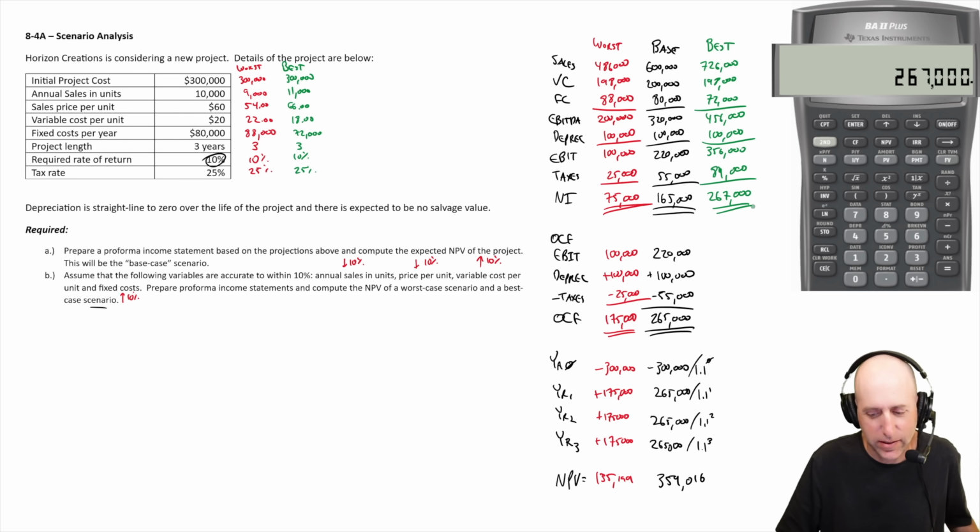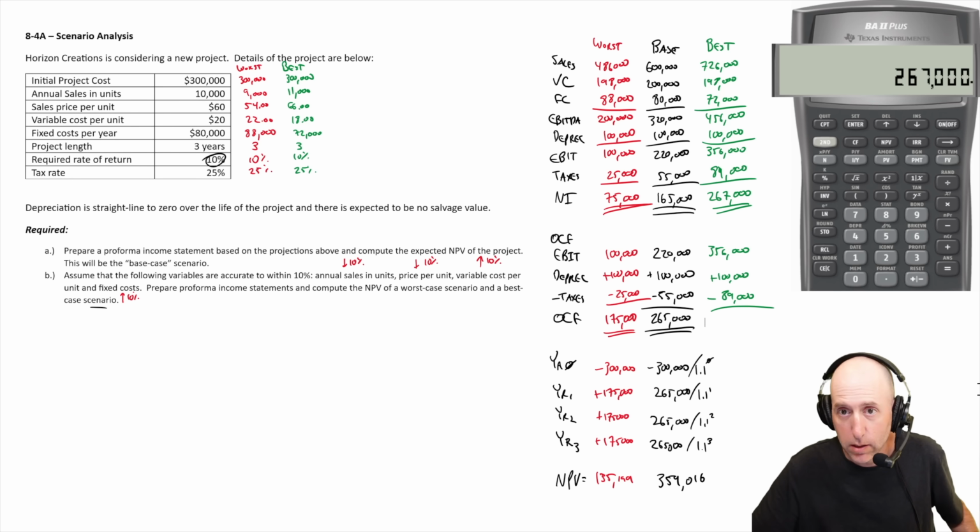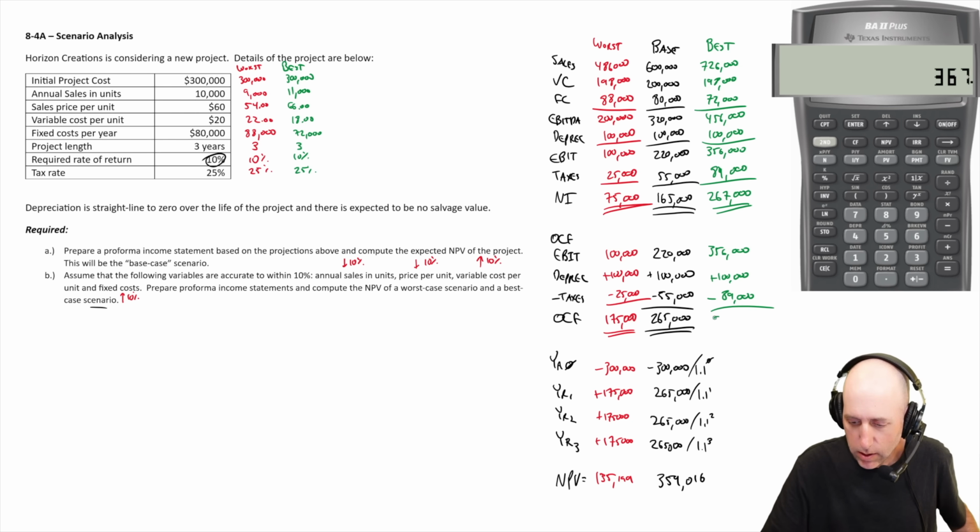This is sort of the max upside scenario. Our EBIT here, 356, add depreciation of 100, deduct taxes, which were 89,000. 367.